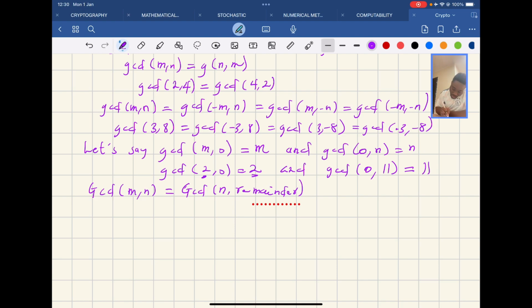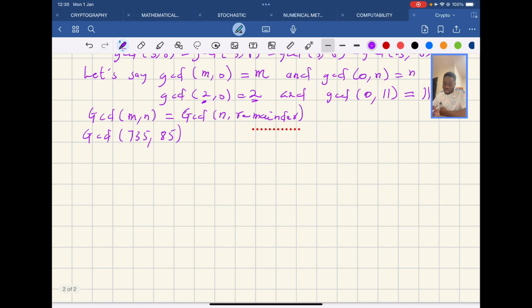An example is if you are asked to find the GCD of 735 and 85. Because of how the numbers look, the numbers are very huge, so telling the GCD from this is kind of difficult. The best way to do this is to use the Euclidean algorithm. Using the Euclidean algorithm, you can use this approach, or afterwards I'll show you how to use the second approach.